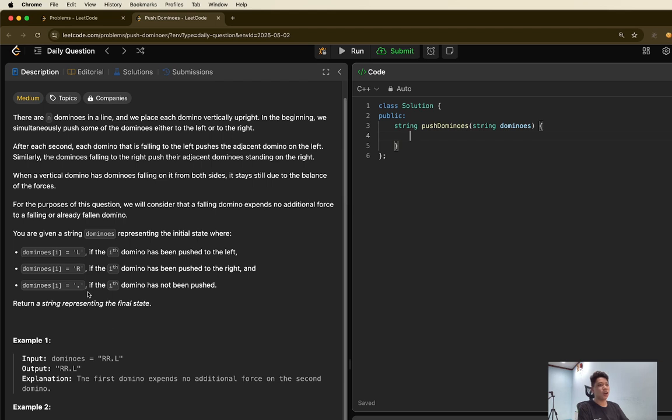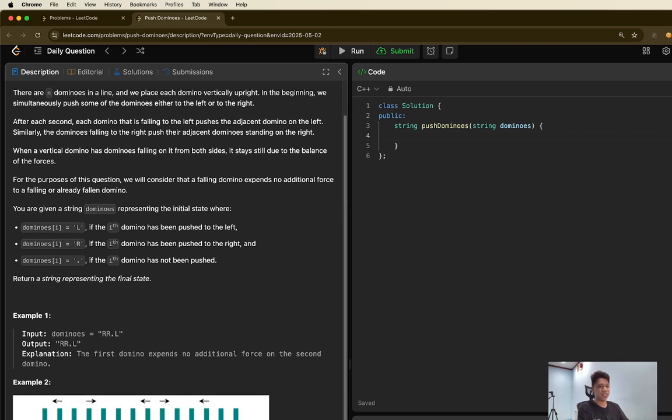The ones that have not been pushed are like the dark dot. So the problem is to calculate the final state given the initial state, like which dominoes are pushed to the left or right or not.